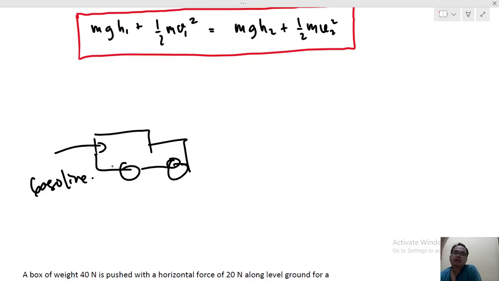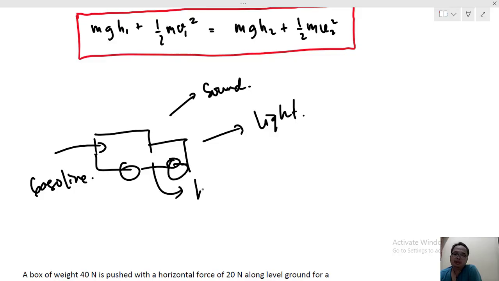Not all gasoline will be converted to useful energy, because some of it becomes sound, some becomes light, and some becomes heat. Not all of it changes to power for the engine.